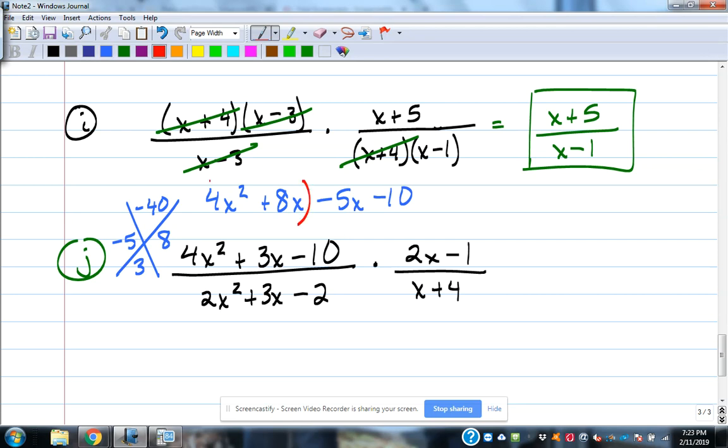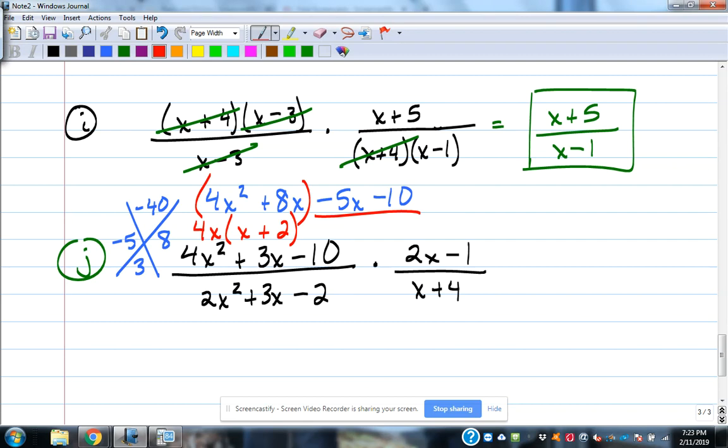So I'm going to group the first two together. GCF of 4x squared and 8x: 4. And they both have what else? X. What's that leave in the parentheses? X plus 2. What do I pull out of the second pair?